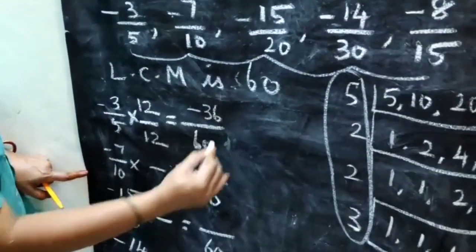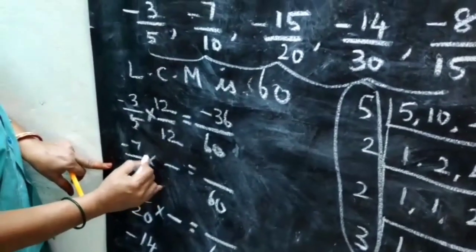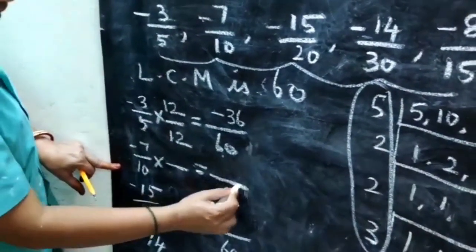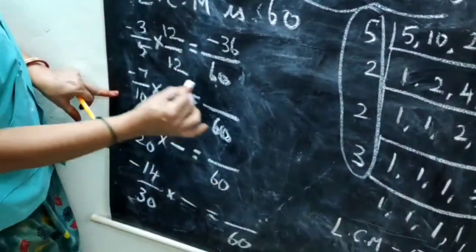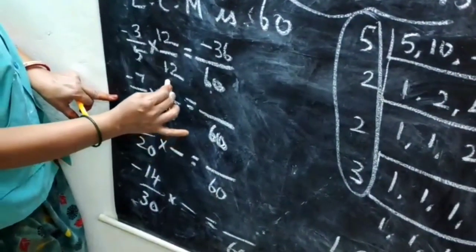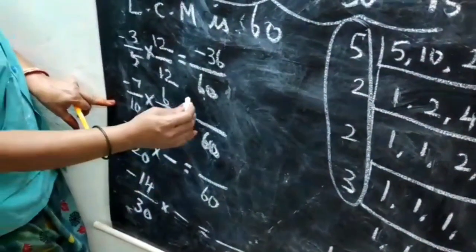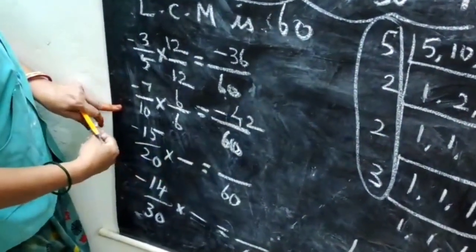Minus 36 by 60. Next fraction is minus 7 by 10 into dash equal to divided by 60. So 10 multiplied by which number gives 60? 6. So 10 6s are 60. See, here you write 6, so here also write 6. 6 7s are 42. Minus 42 by 60.